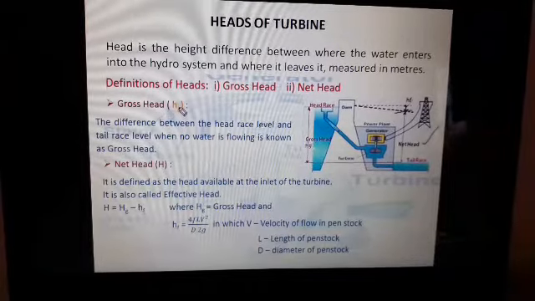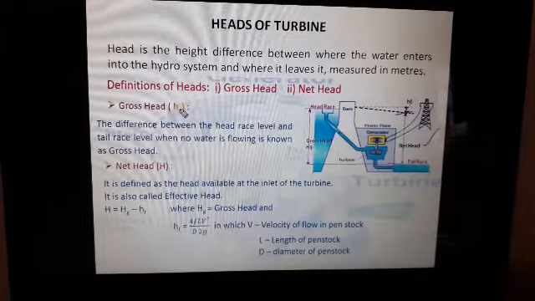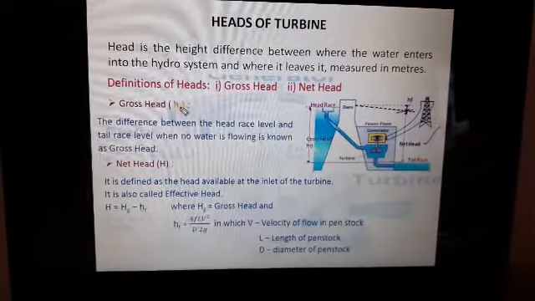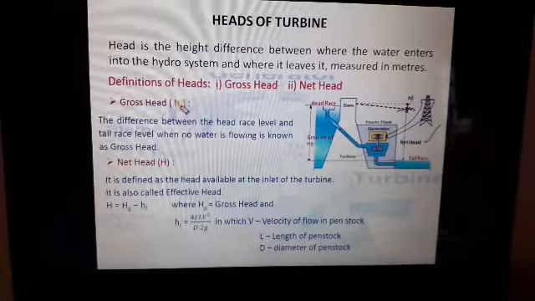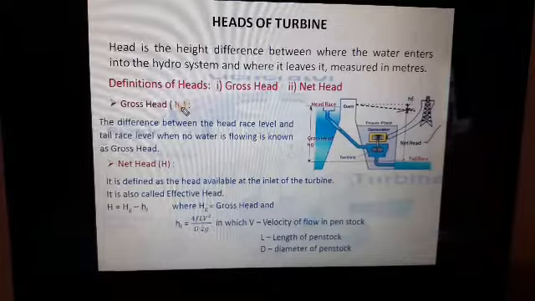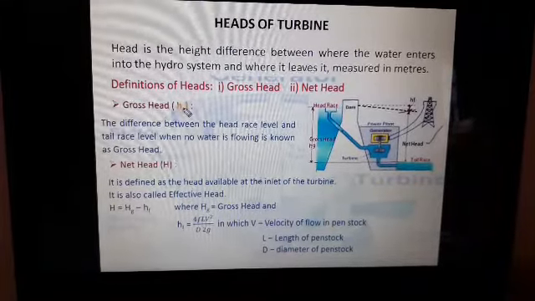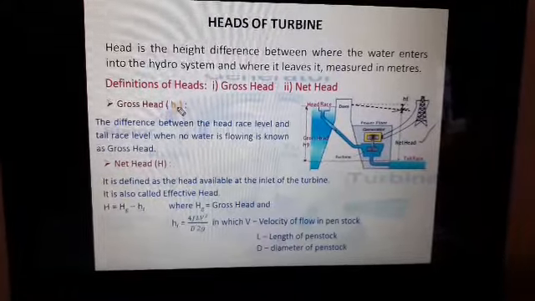So Hf we calculate as 4f L V squared upon D into 2g, where V is the velocity of the fluid in the penstock, L is the length of the penstock, D is the diameter of the penstock, and g is the acceleration due to gravity.